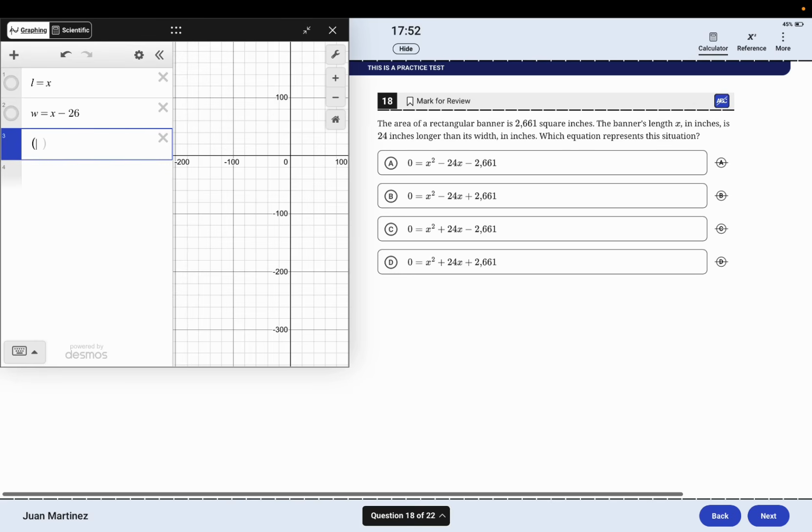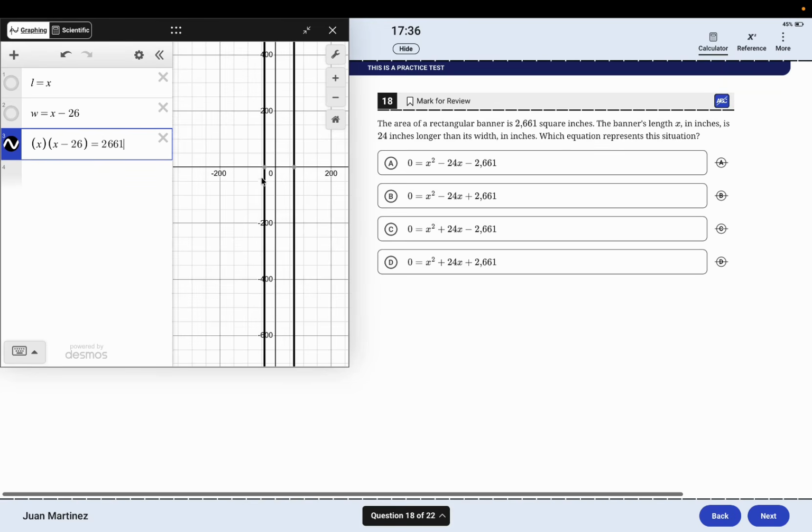And so what we're left with here is this equation where it's x minus 26, right? We're essentially doing length times width, and that's going to be equal to this, where we're already told the area of it. And so now we just need to graph these ones, see which one gets us the same lines, and we're good.